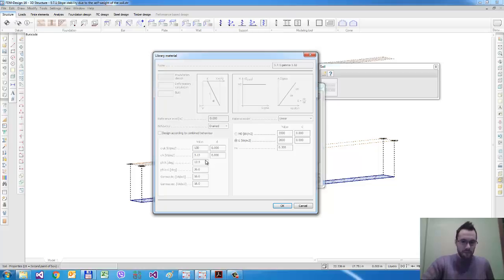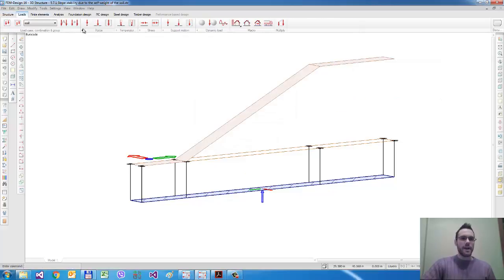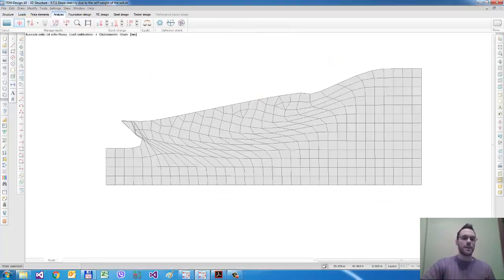I set a drained behavior for this material: 3 kPa for the cohesion and a 12-degree friction angle. You can see the Young's modulus and the Poisson's ratio here, and I would like to analyze whether this slope is stable or unstable according to its self weight.